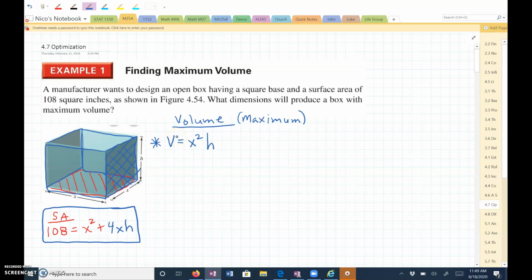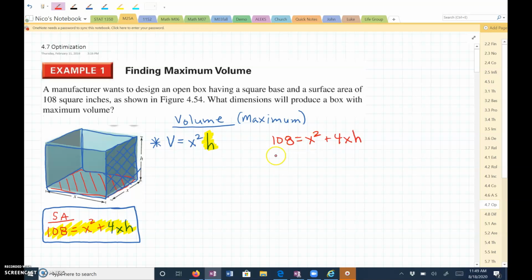Before we take the derivative of this function, let's see if we can solve for h in terms of x. And I think we can do that by looking at the surface area formula. So let's solve for h.